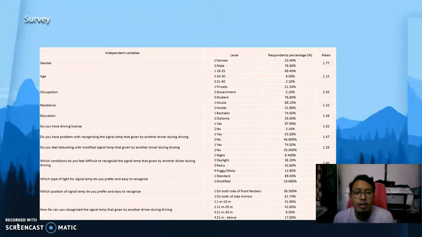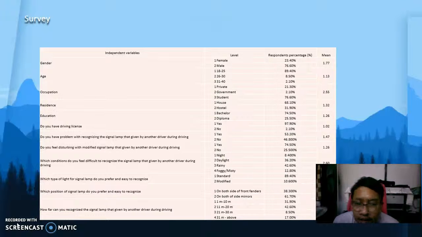From the survey that we conducted, 76.60% were female. Next, age: 89% of respondents were aged around 18 until 25. After that, for occupation, the majority were students. And the majority of our respondents have a driving license.